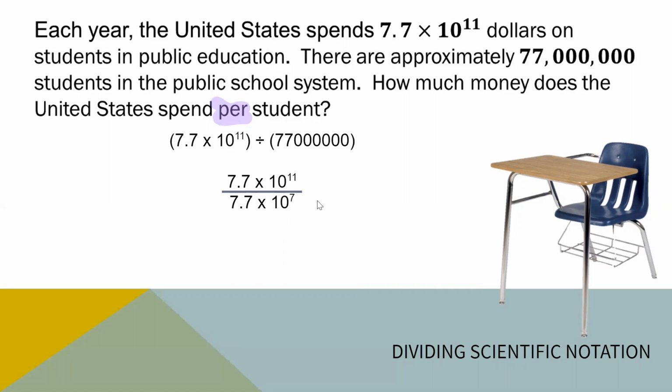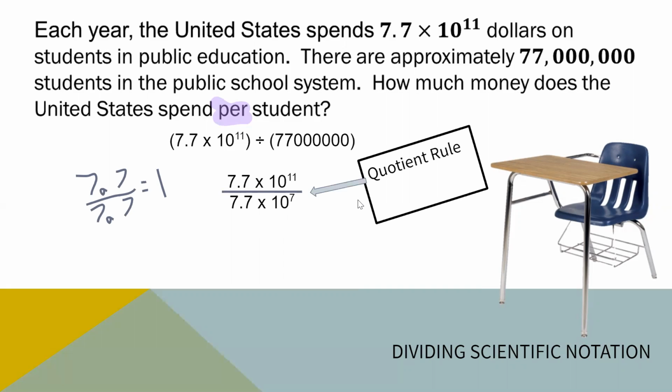Now, just like before, I'm dividing out my factor, which is going to give me a 1. And then I can see that I'm going to be using the quotient rule. So I'm going to be subtracting those two numbers in my exponent. So my factor is 1 times 10 to the negative 4th. Since that number is written in scientific notation, I know that I'm done.